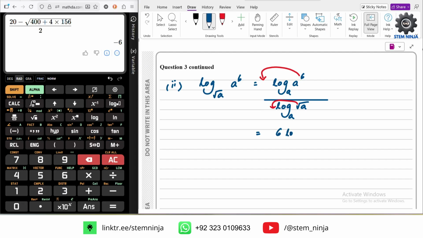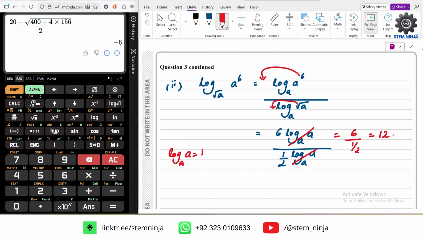So 6 log a divided by half log a. They can be cancelled, and also log a base a would be 1. So 6 divided by half is just 12.